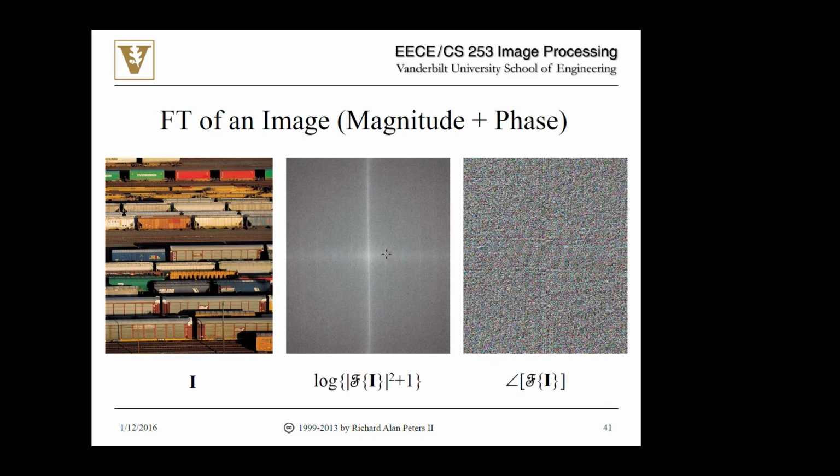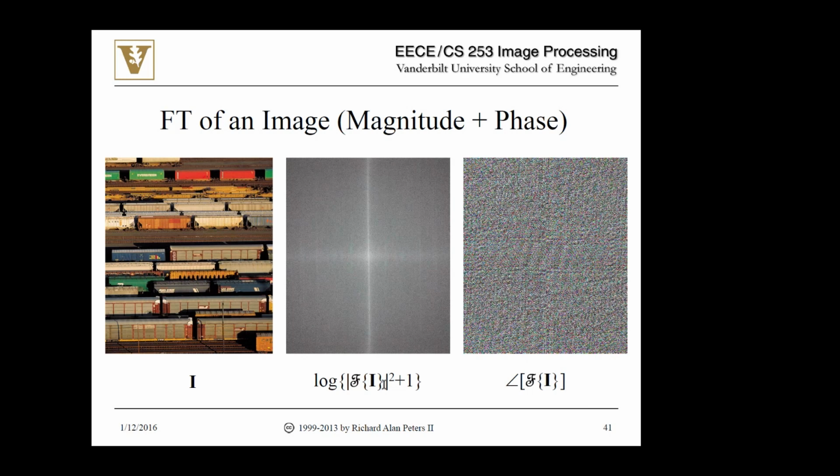So we take the image. Here we are plotting amplitude squared, and because the central values are much larger than the rest, we are putting a logarithm, because otherwise you couldn't see anything. So here is the phase.